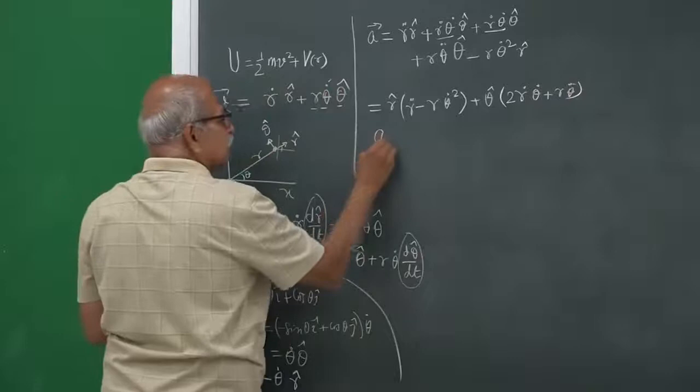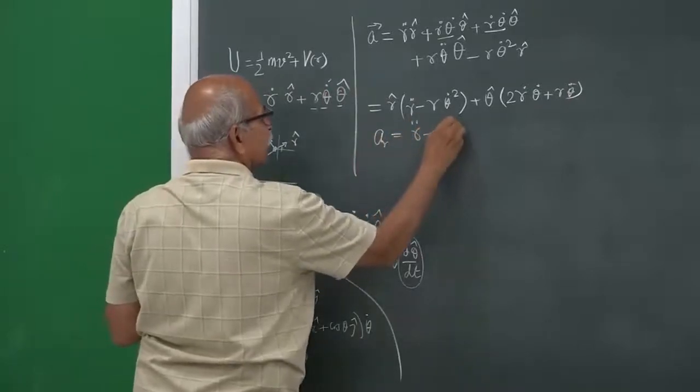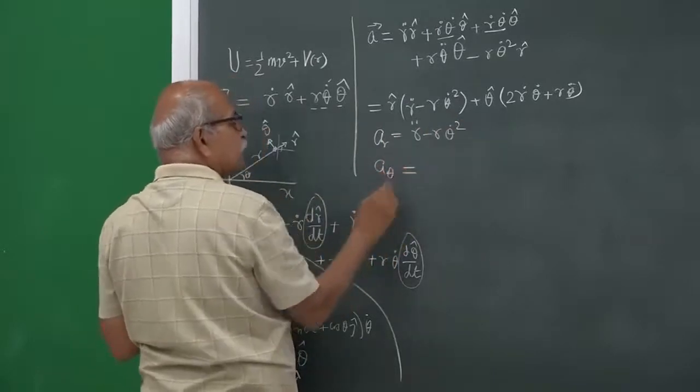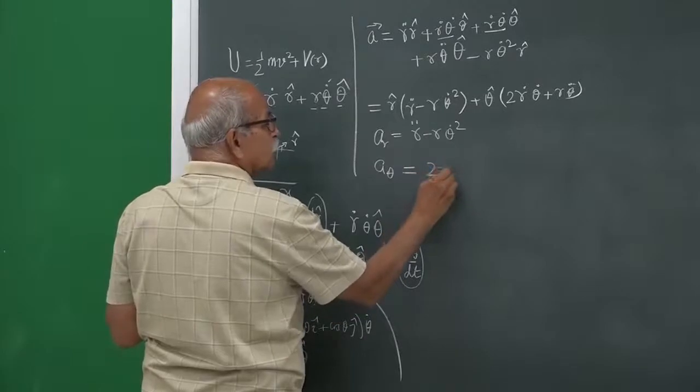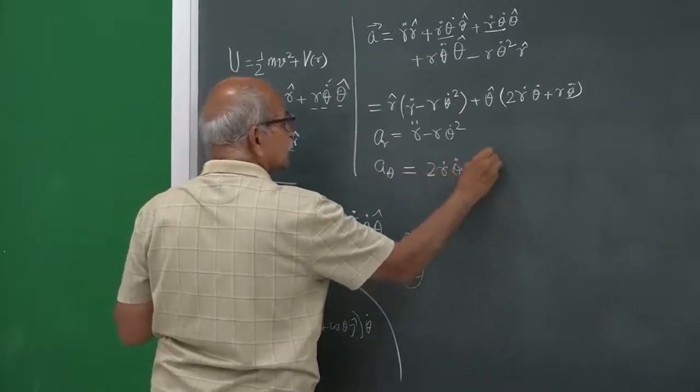That is the expression. Your radial acceleration is r double dot minus r theta dot square, and the theta component will be 2 r dot theta dot plus r theta double dot.